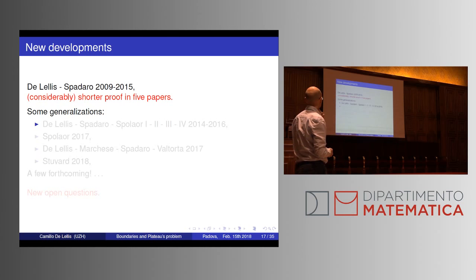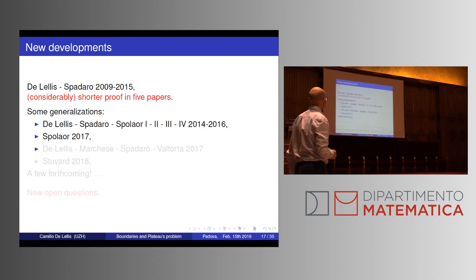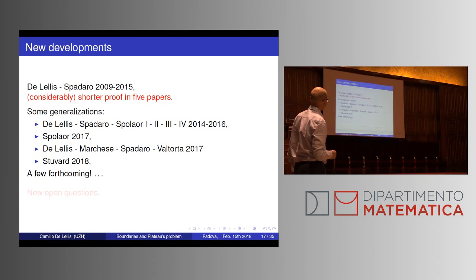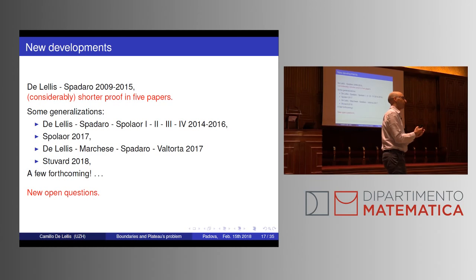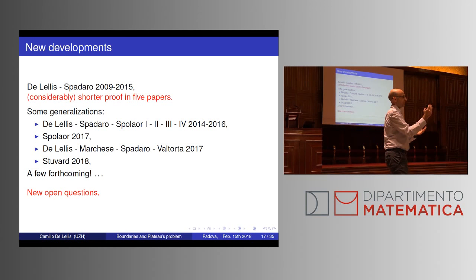I don't want to go through all of them. You see somehow the people who were involved, and there are a few others that are coming. If I had more time, I would explain what these generalizations are, but let me not go over this. Let me tell you that what is interesting is that by building upon this work, we can actually tackle new open questions.